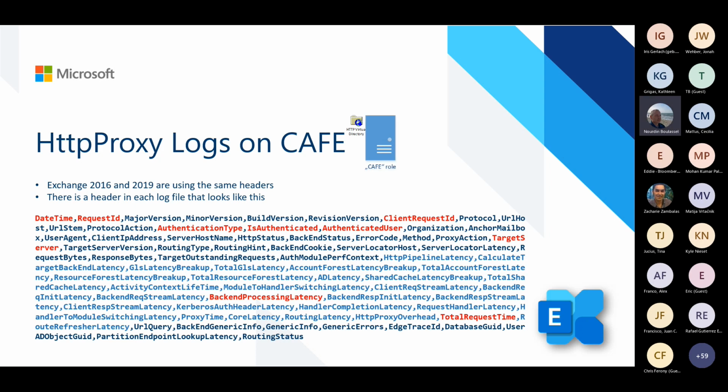In light blue, you see all the other latency values that might be added. That's not the case in Exchange on-prem, so some values may stay empty, but that's normal.